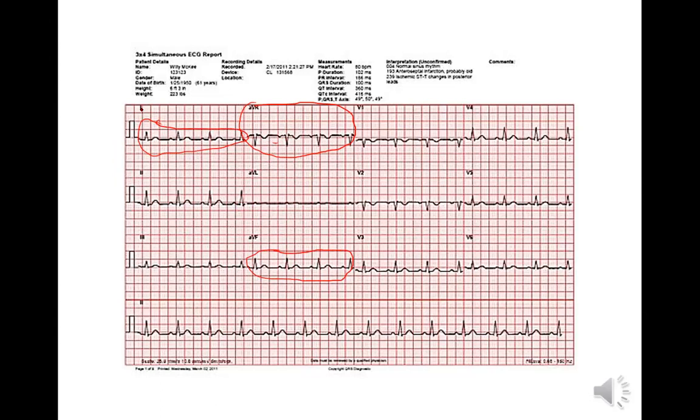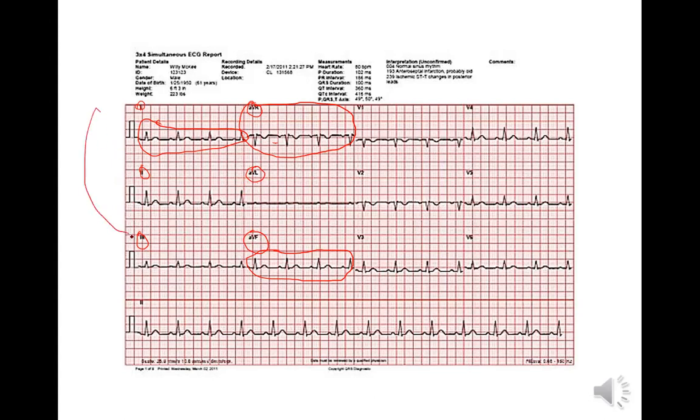So here are your leads. You have leads 1, 2, and 3 sampled. Those are the 3 bipolar leads. And then the other 3 limb leads are AVR, augmented right, AVL, augmented left, and AVF, augmented down to the foot. And which electrode do we use in the legs, right or left? Left only. That's correct. Very good.